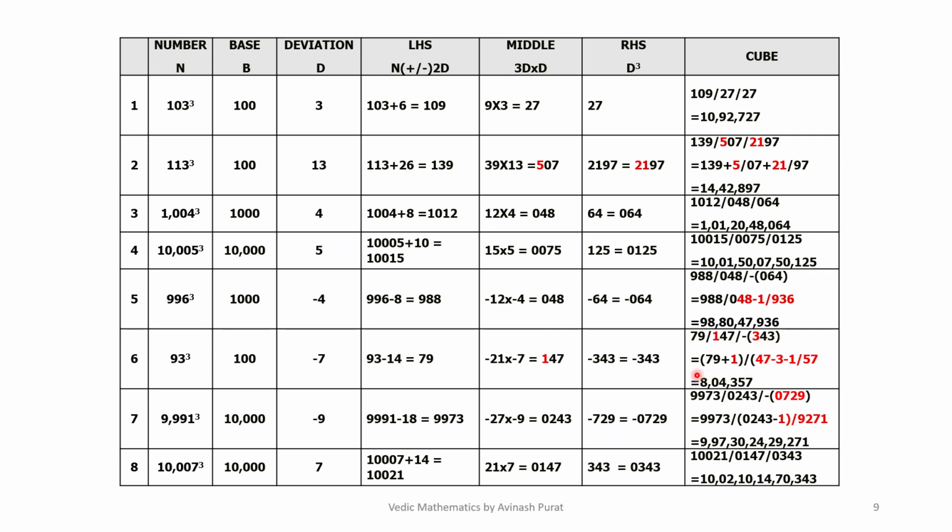So the figure is 79 plus 1 stroke 47 minus 3, that is 80 stroke 44 stroke minus 43, so 157 minus 43 is to be taken as minus 157. So the final figure is 804,357.